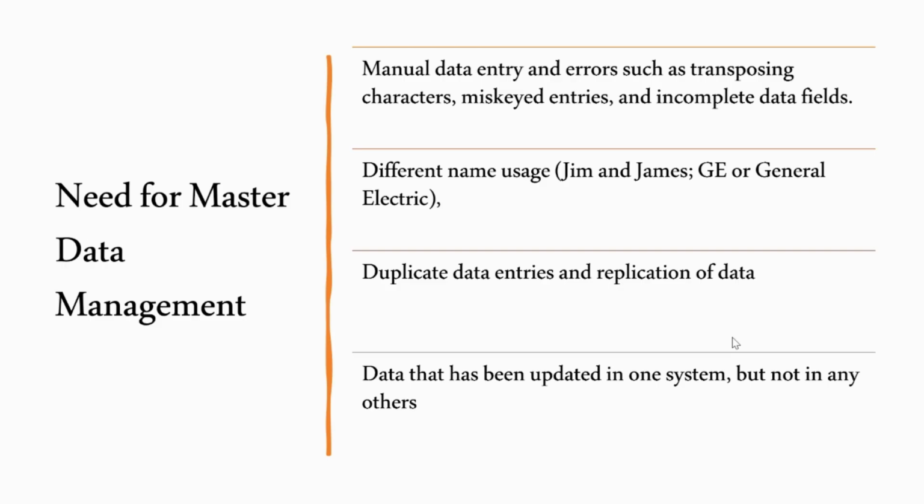When data is scattered across multiple source systems and a company wants to consolidate it into only one database, during consolidation we will do deduplication, data cleansing, and data quality. Master data management also provides all these facilities while consolidating the data. So that is also one of the needs for master data management.